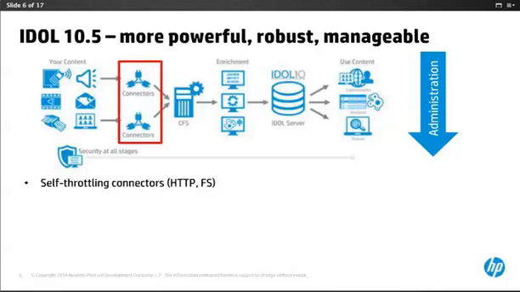As a simple example, if you have something like an IAF server or Windows file server for which you want to pause crawling when those servers are at 80% CPU, for example, you can set up the connectors to remotely monitor those performance counters and pull themselves back and pause whenever those thresholds are met.